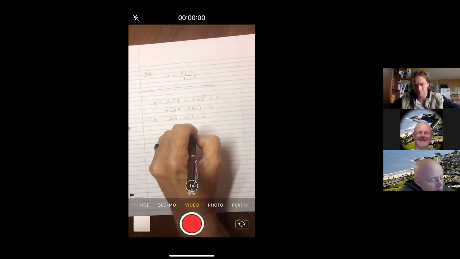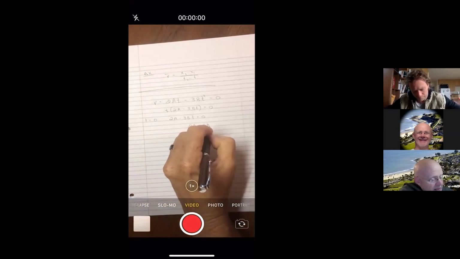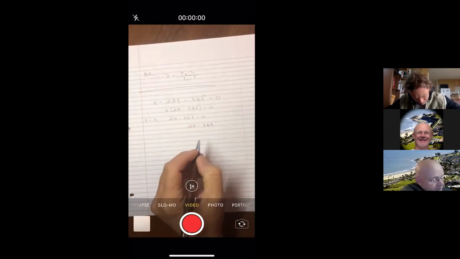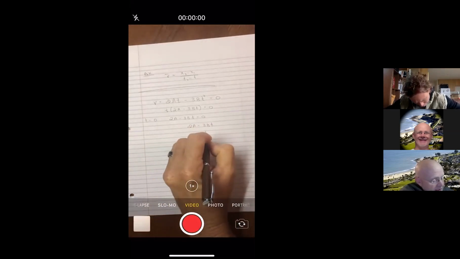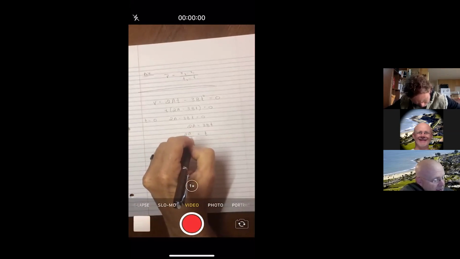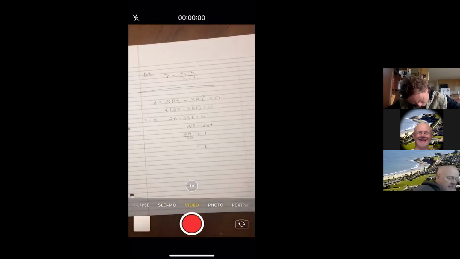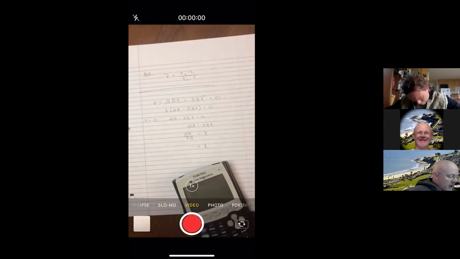So this would be 2a equaling 3bt, or t is 2a over 3b. And so if I can get a number, this would be 2 times a. Oh, I forgot to write down a. What was a?